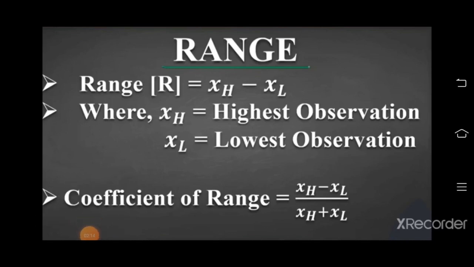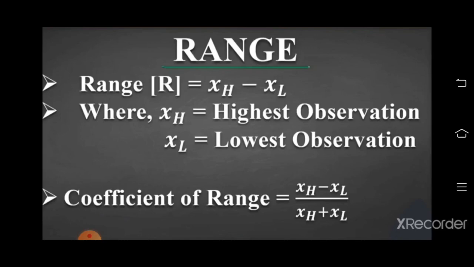Relative range is also known as coefficient of range. Formula of coefficient of range equals range divided by xh plus xl. It is free from the units of measurement. If the coefficient of range for a population is small, then variability is less in the observations of the population, for example, the values of the observations are not far from each other.